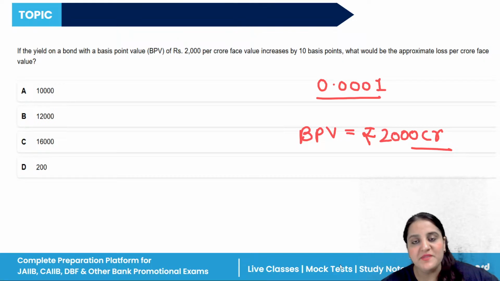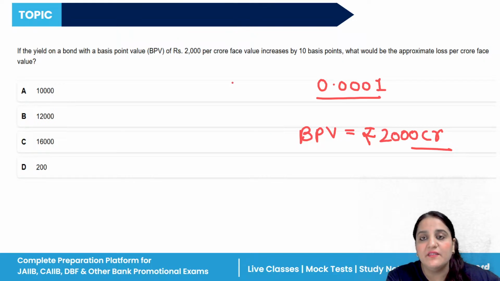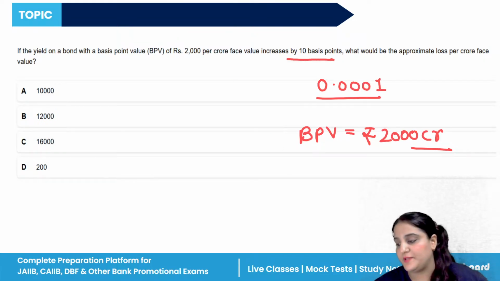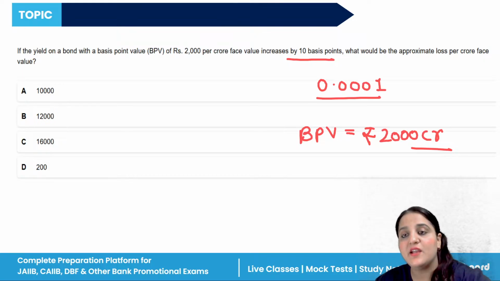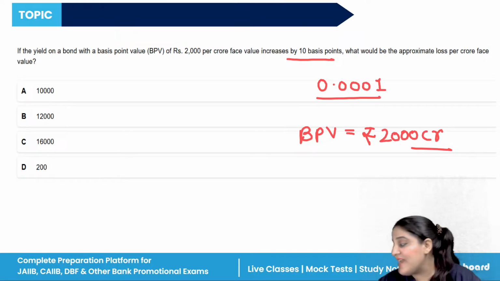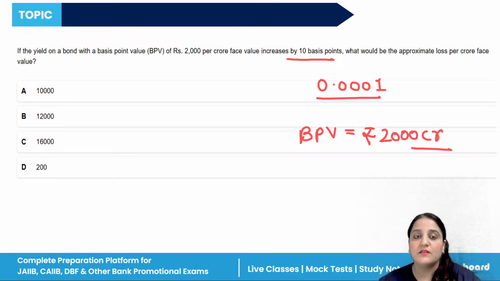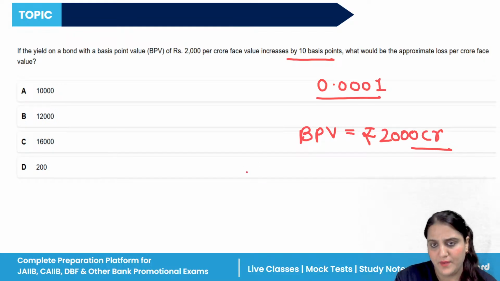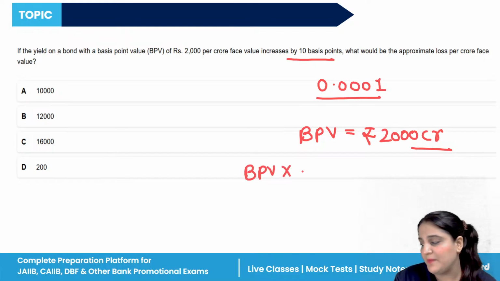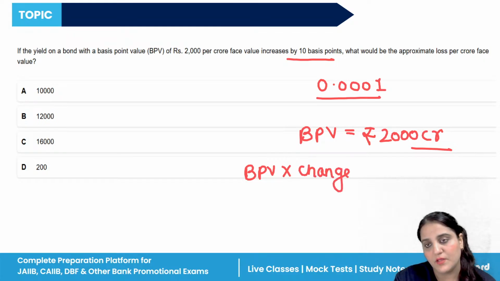So here the problem statement is that yield increases by 10 basis points, and the basis point value is rupees 2000 per crore face value. The loss we have to calculate is the basis point value multiplied by the change in yield.